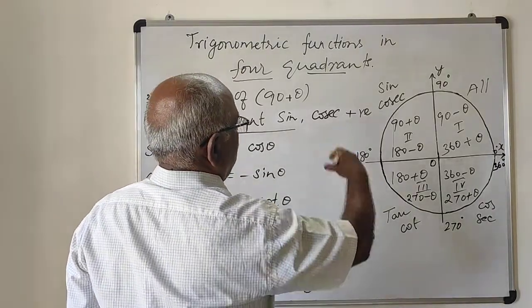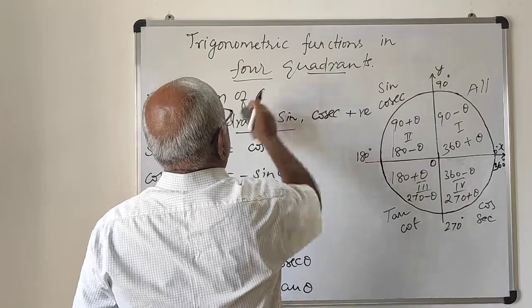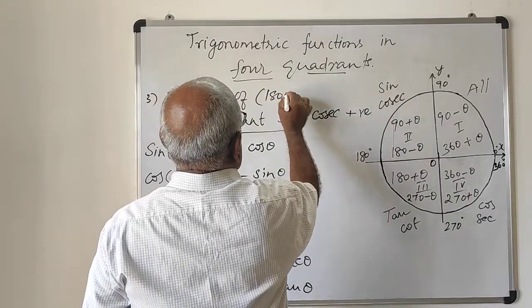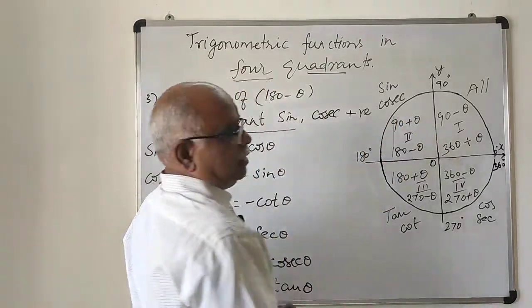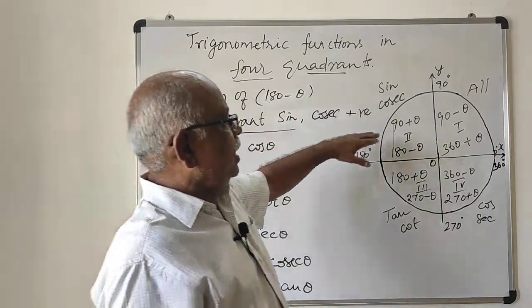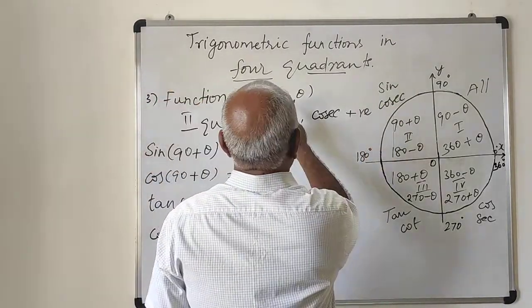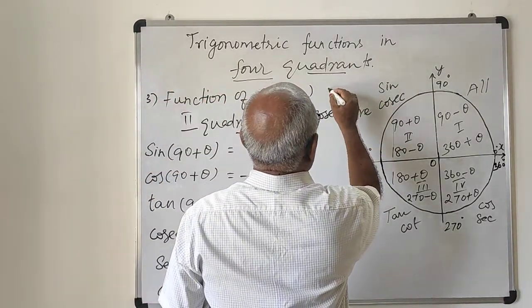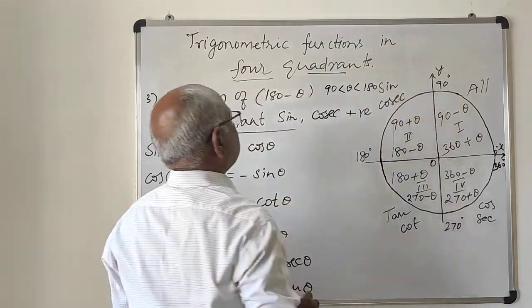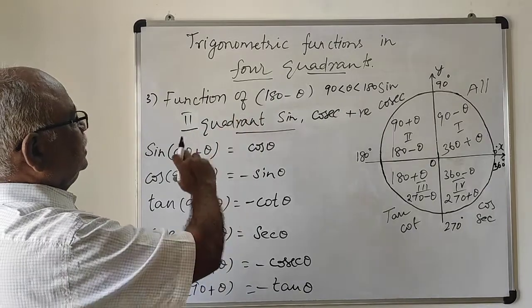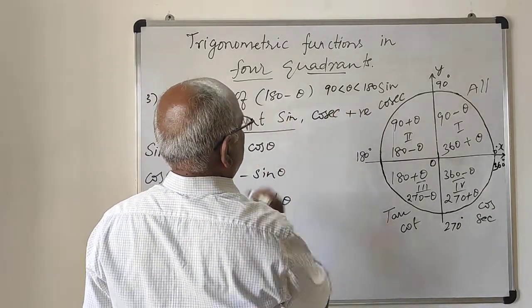functions of 180 minus theta. Now I am going to write 180 minus theta. 180 minus theta is less than 180 and greater than 90, between 90 and 180. It is in the second quadrant. Second quadrant, sine and cosecant positive.